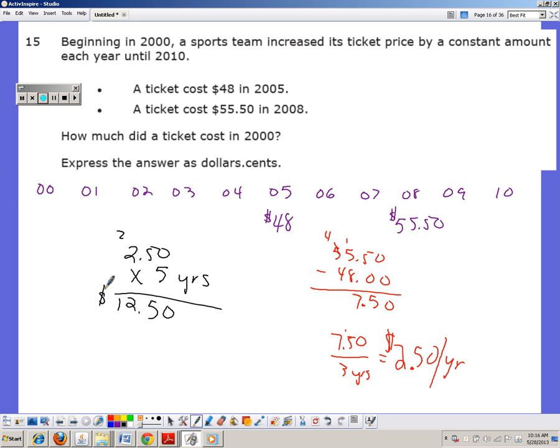All you have to do then is say 48 minus $12.50, and that will give you your old ticket price. So again, you need to come out to the side and subtract. Price of the ticket back in 2000 was $35.50.